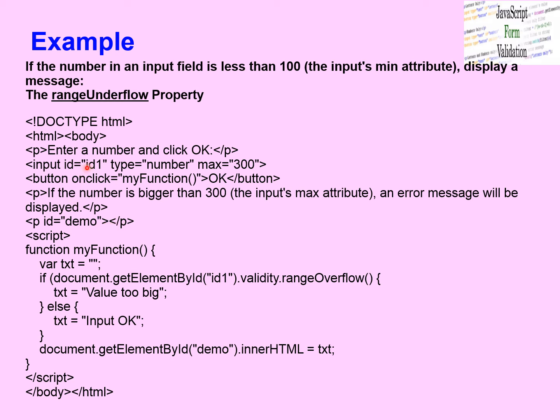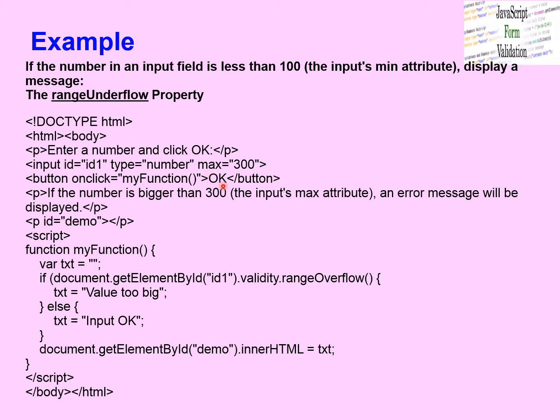So if this particular HTML page is loaded, it contains a text like enter a number and click OK. Then it will have an input field for inputting a number, where that input field's maximum value is set to 300. Then a button is there with text value OK.